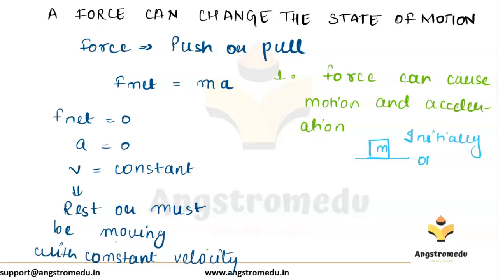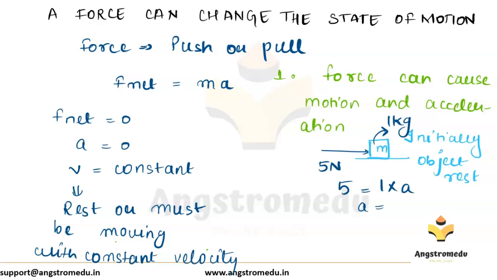Now some force F equals 5 Newton starts acting. Let us say the mass of this object is 1 kg. So F net 5 will be equal to mass times acceleration. So an acceleration of 5 meter per second square starts acting on the object.